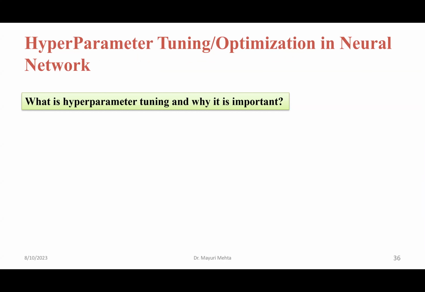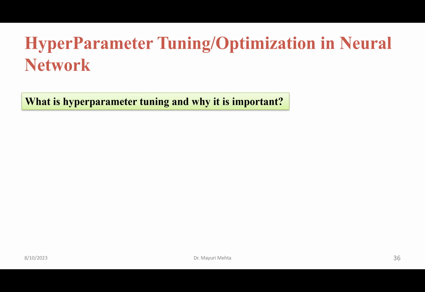So what is hyperparameter tuning or optimization and why is it important? Actually, a neural network has variable parameters that must be set before training the neural network, and these are called hyperparameters. All those variable parameters are called hyperparameters. These values, which we set before training, affect the results of the model effectively.